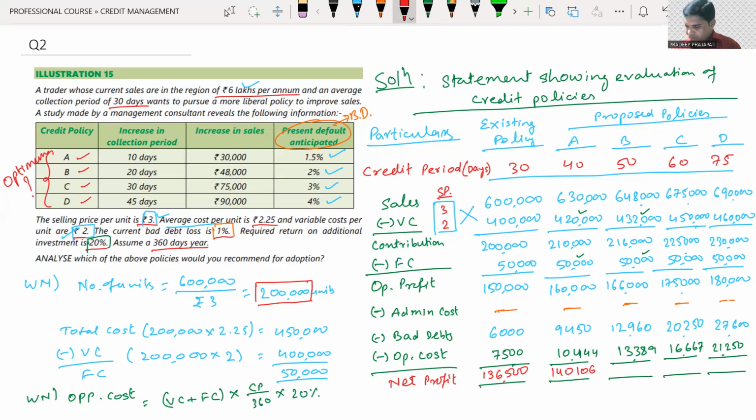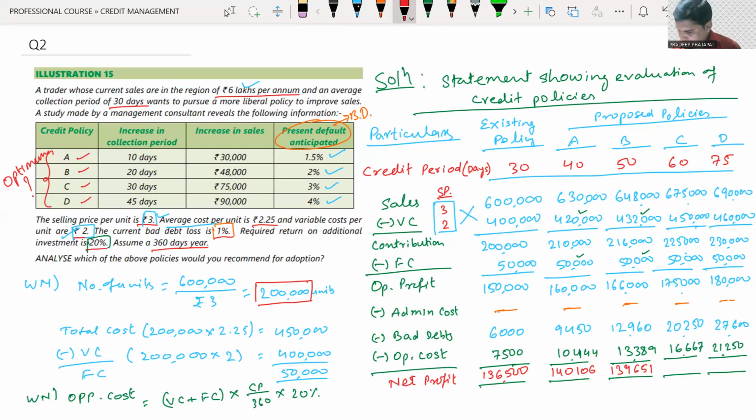Third option, 166 minus 12,960 minus 13,389. It comes to 139,651. Next, second last, 175 minus 20,250 minus 16,667.